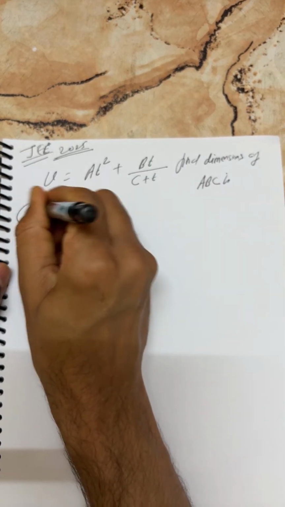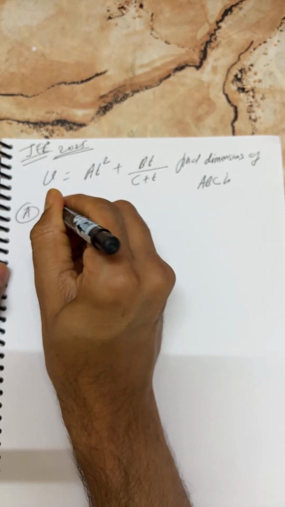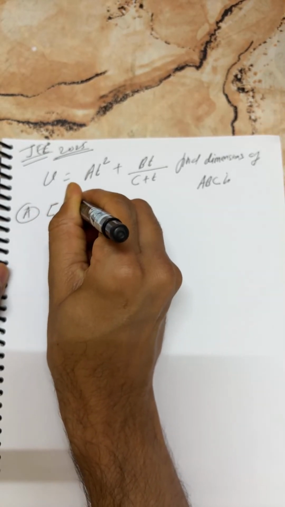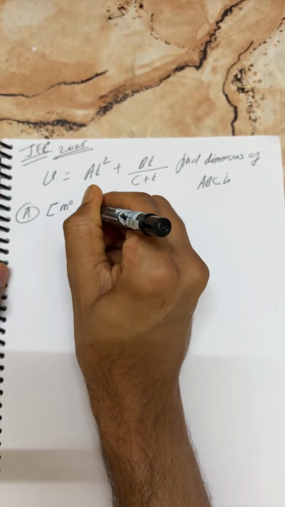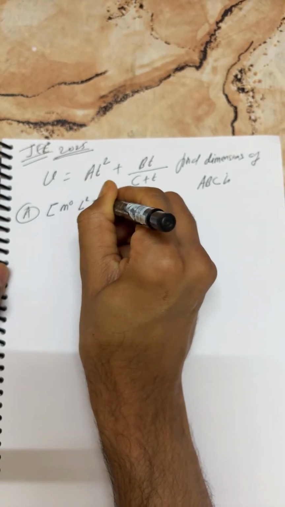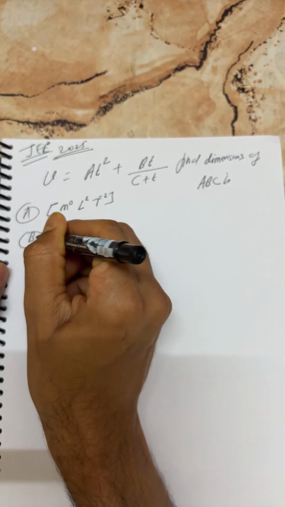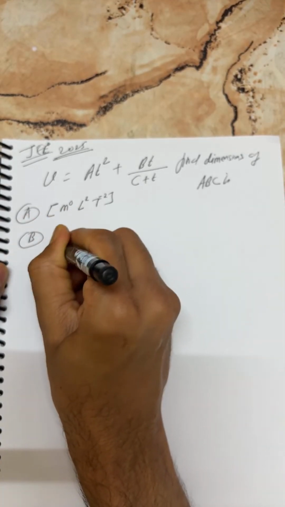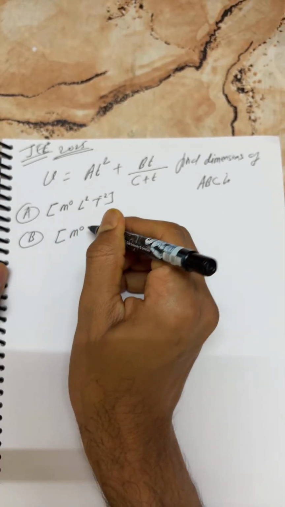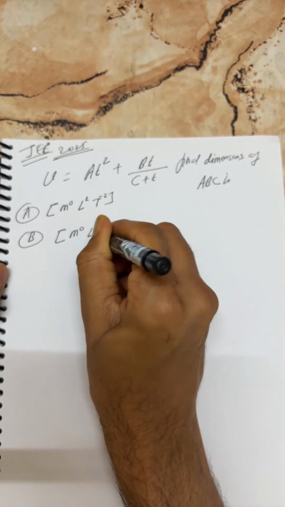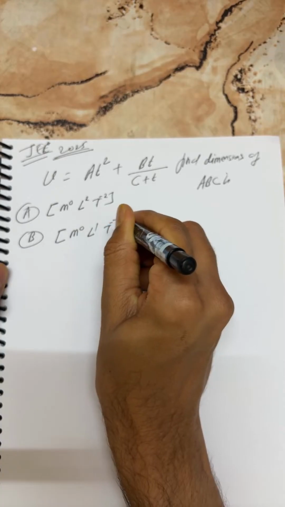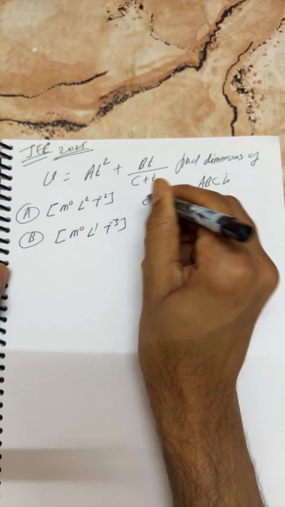Options I'm writing. This is M to the power 0, L to the power 2, T to the power minus 2. Then M to the power 0, L to the power 1, T to the power minus 3.